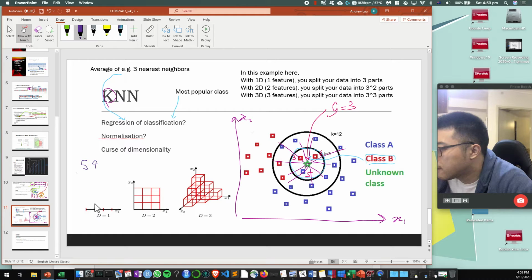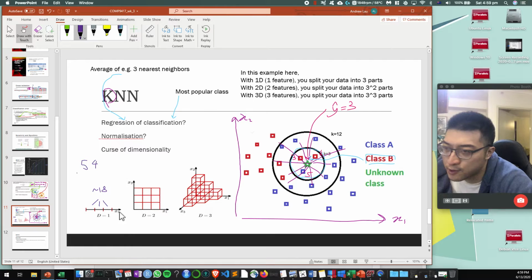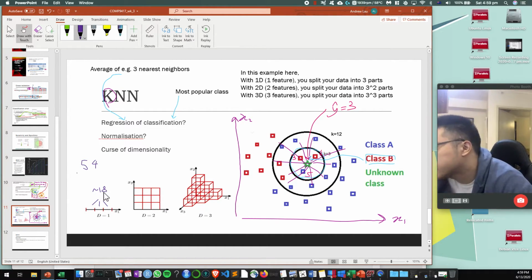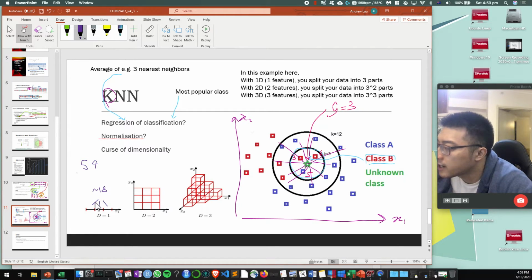Now, if you have one feature, you could argue that each one of these might have, say, 18. It depends on how you cut it, but let's say you have some sort of decision tree, and you split your data into three leaf nodes, perhaps. Each one of these, depending how it's split, let's say it's 18 for argument's sake. Okay, that's some amount of data.